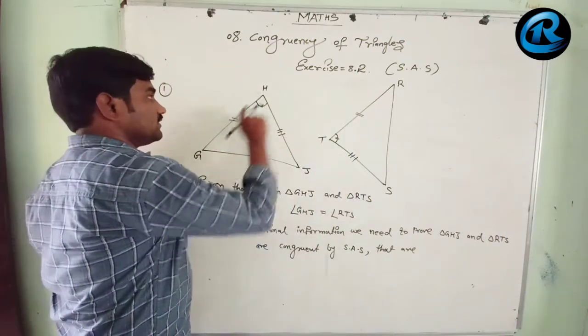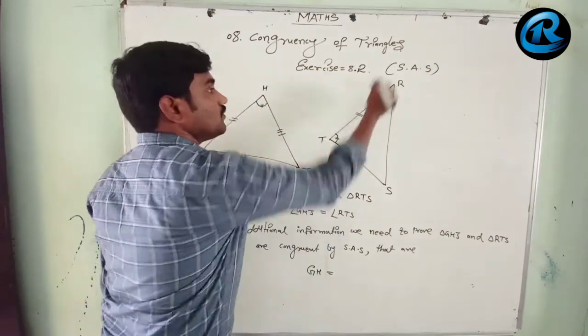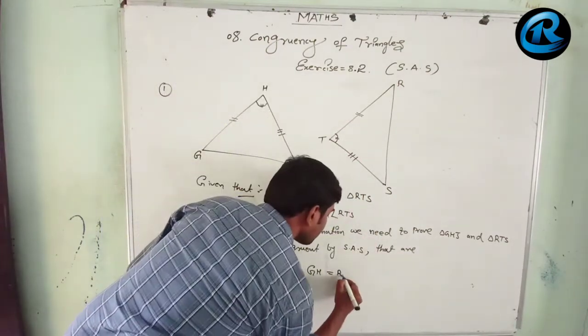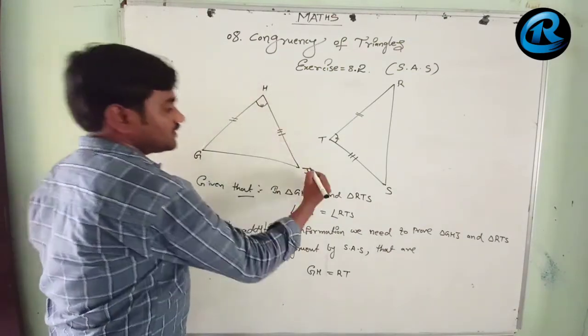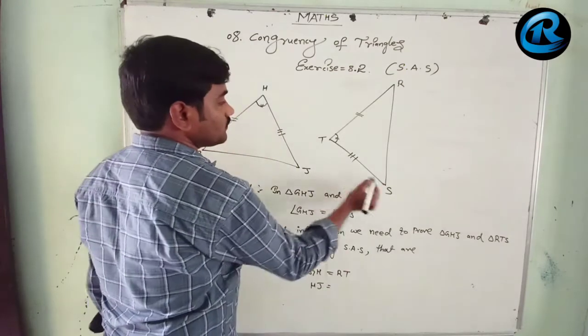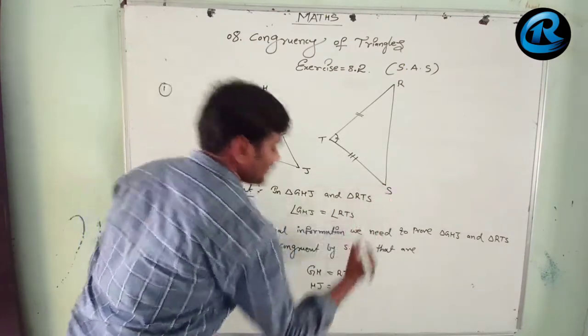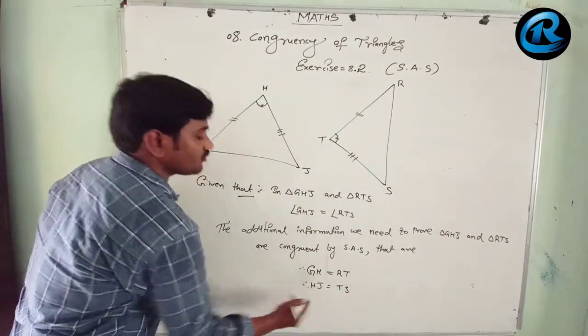So here GH should be equal to RT, and also HJ should be equal to TS. These two additional pieces of information we require to prove.